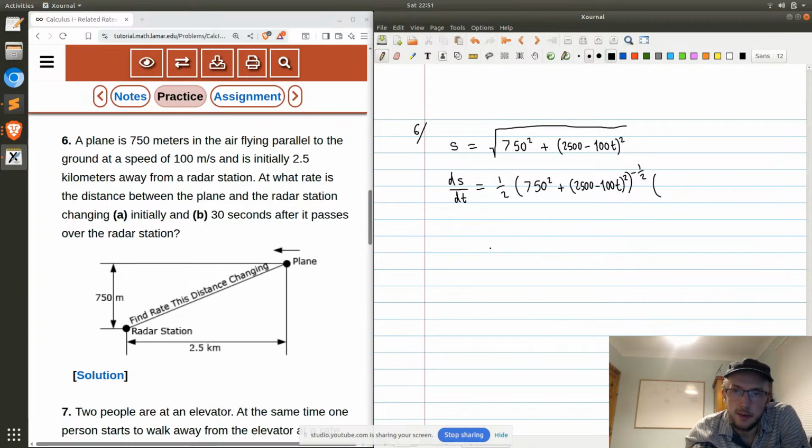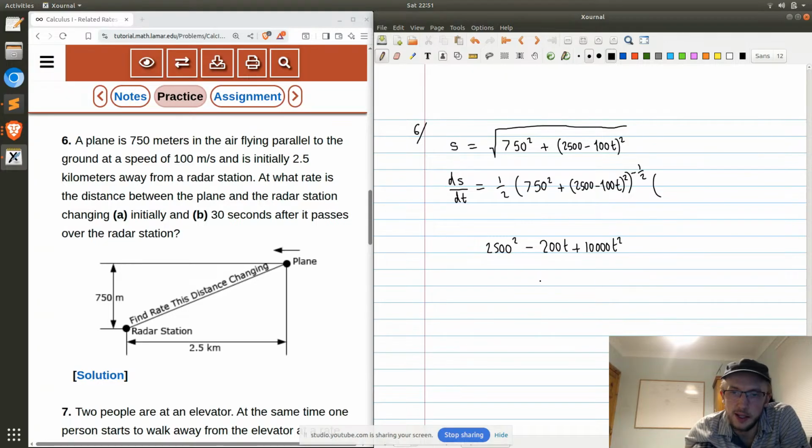So that, when I expand it out, 2,500 squared minus 200t plus 10,000t squared.